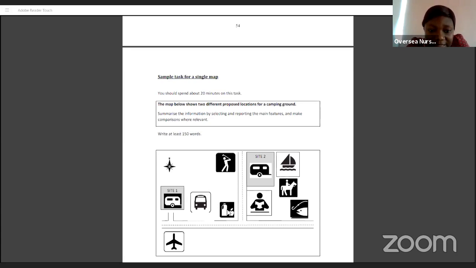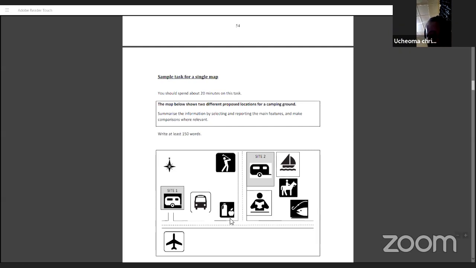Where will I say this is located? Southeast. It's on the southern side. This is north, south, east, and west. So southeast, like this, like this.